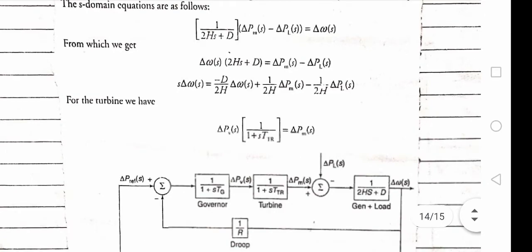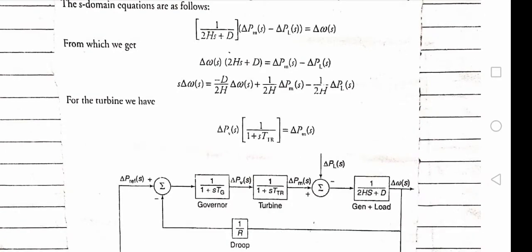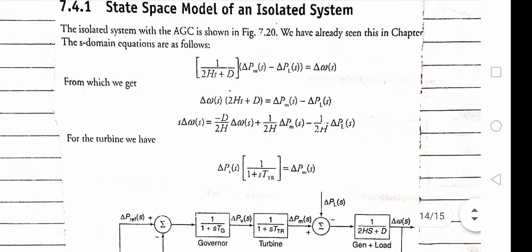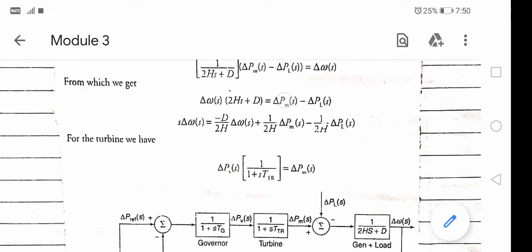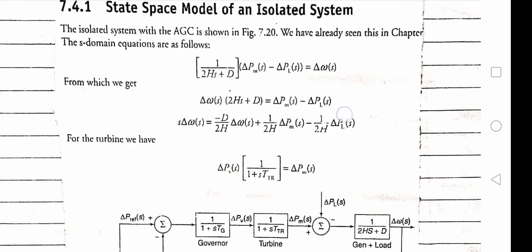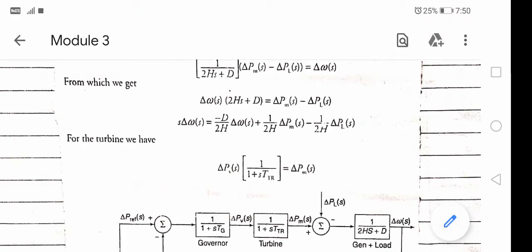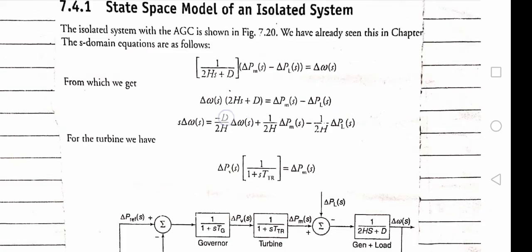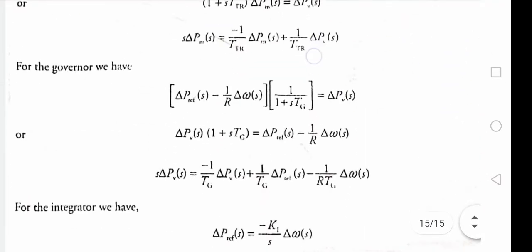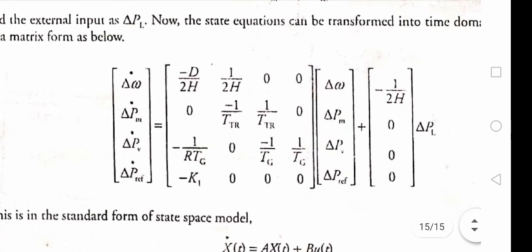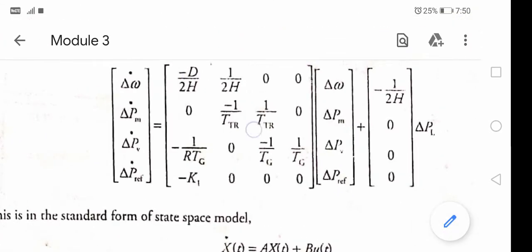See here the equation number 1, we are associated with the delta omega term, then delta Pm term and delta PL term. Okay, so delta omega is associated with minus D divided by 2H. So for the delta omega term, here you need to write it as minus of D divided by 2H.